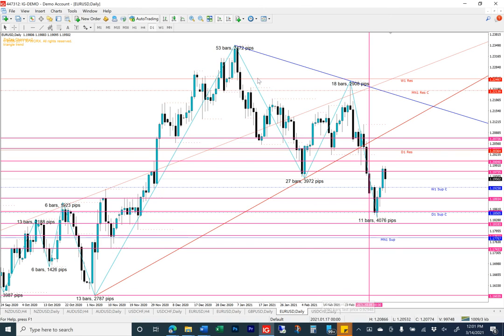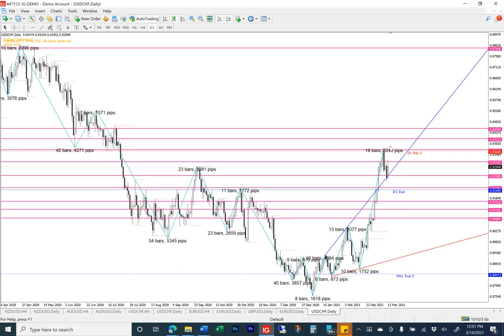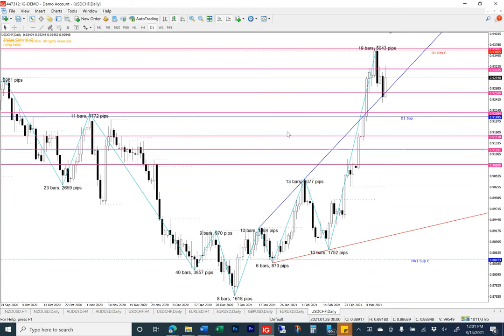If we take a look here, you can see we're headed down in a correction. Here we're headed up in a correction. It is indeed a mirrored image currently. And it usually holds true to that.